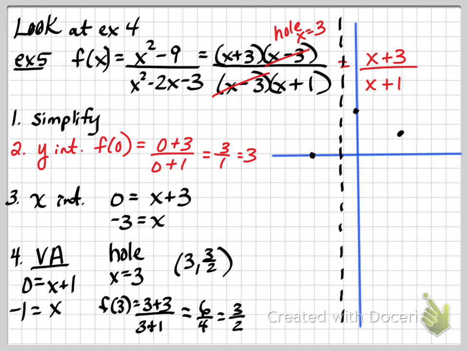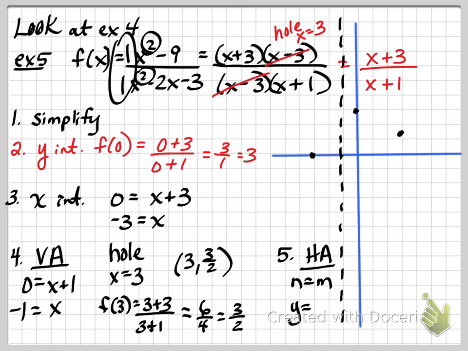So 3, 1.5. Almost done. Let's do the horizontal asymptotes. Let's look at our original degrees. They are equal to each other. So the asymptote happens at the ratio of the leading coefficients, which is 1 over 1. So the asymptote's at 1. Go to 1 on the y, cross the y.